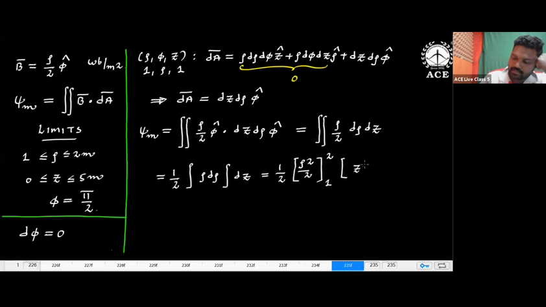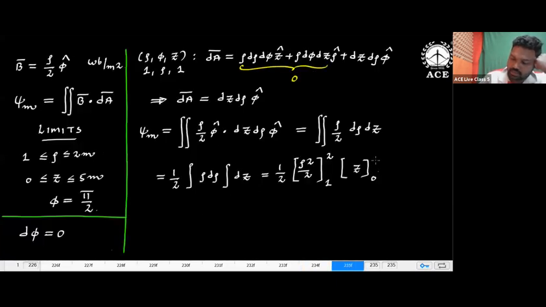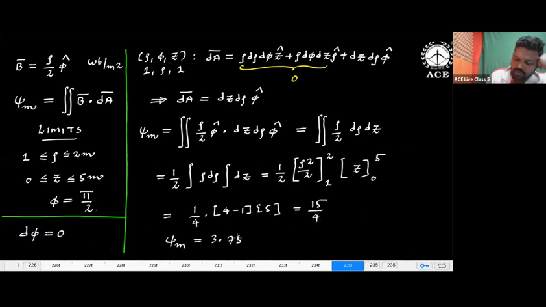Here it is z, z limits are from 0 to 5, beta. Upper limit minus lower limit. 1 by 4 into 4 minus 1 into 5. 15 by 4, beta. So the magnetic flux is equal to 3.75 Webers. That is the answer.